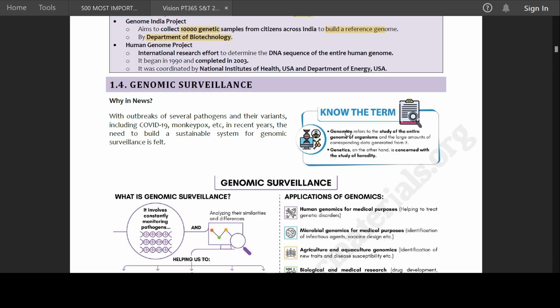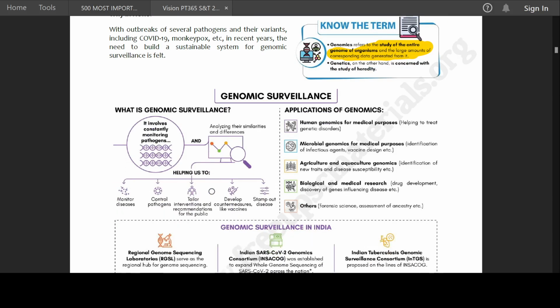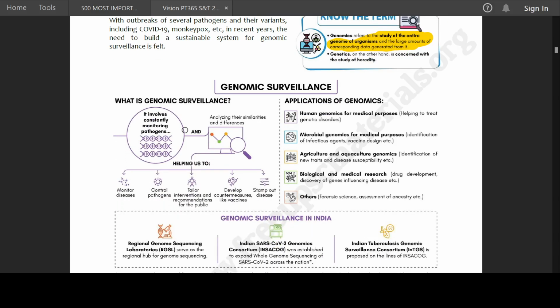Genomics refers to the study of the entire genome of organisms and the large amounts of corresponding data generated from it. Genetics, on the other hand, is concerned with the study of heredity only. Let's see what genomic surveillance is. It involves constantly monitoring pathogens and analyzing the similarities and differences of the pathogen.